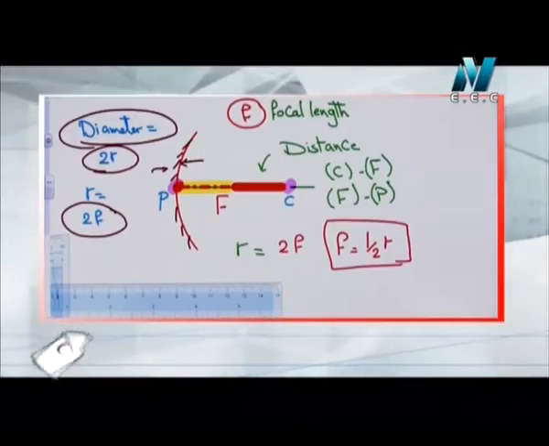I wanted to concentrate on the relation between the radius and the focal length, because in some problems we are given the diameter or the radius, and we are asked to indicate the properties of the image if one person stands at a certain distance. So here we must indicate the point of the focus by knowing the radius.